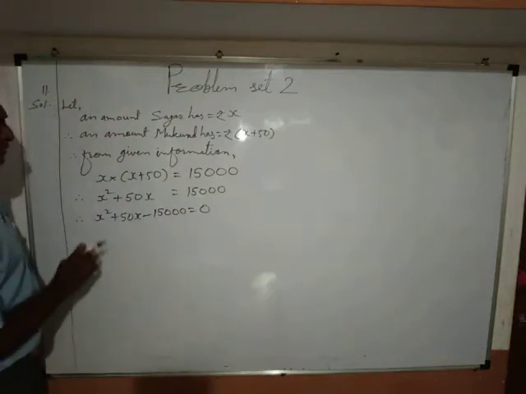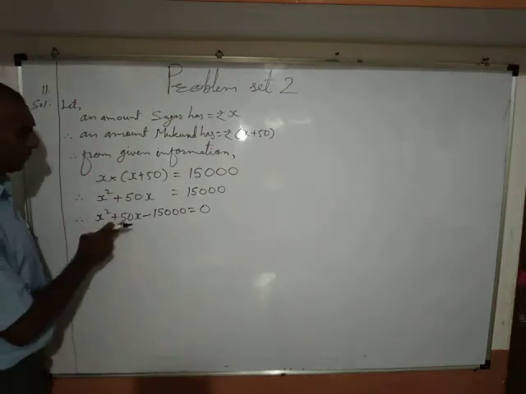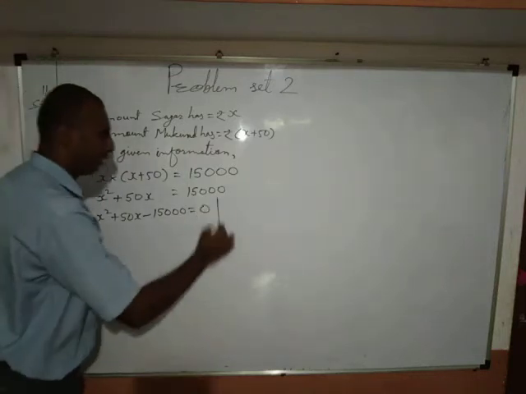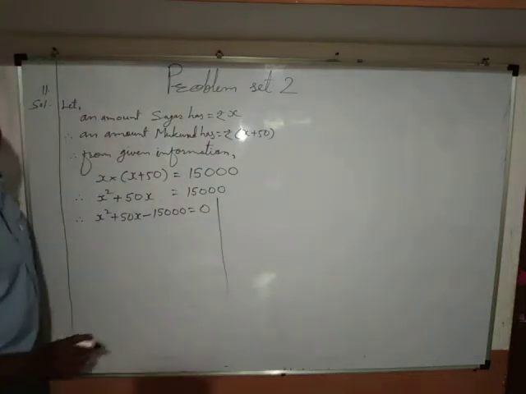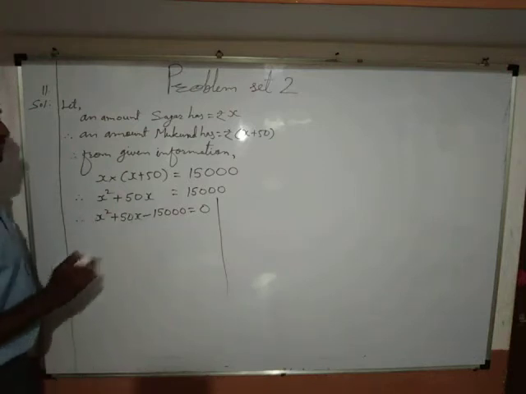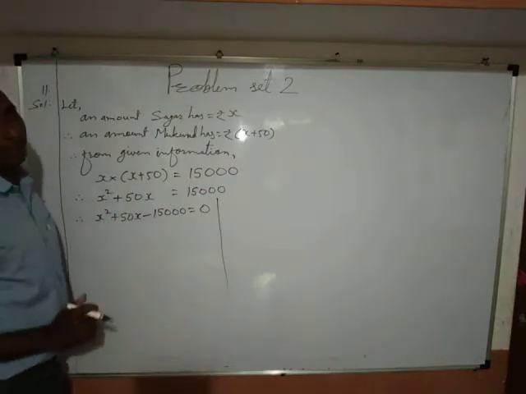Now it is a quadratic equation in the form of x square plus bx plus c equal to 0, where a is 1, b is plus 50 and c is minus 15,000. To factorize it, we need to find the product of a and c, and split that product such that its addition will be b.